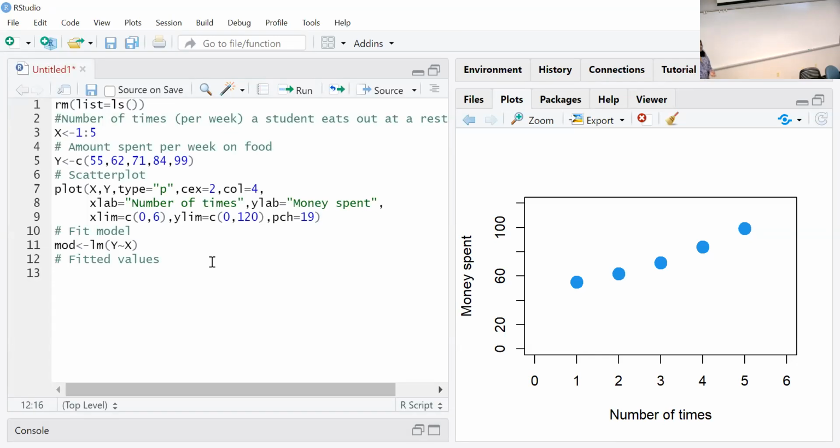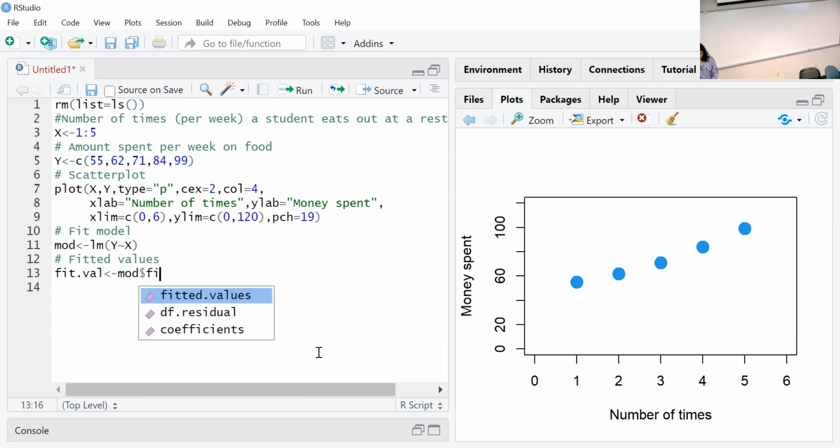For that to happen, we have to plug in the values in the formula. In R, things are a bit more straightforward. If you want to find the fitted values, you can simply do mod dollar fitted values. So it's just going to access the fitted values for you.